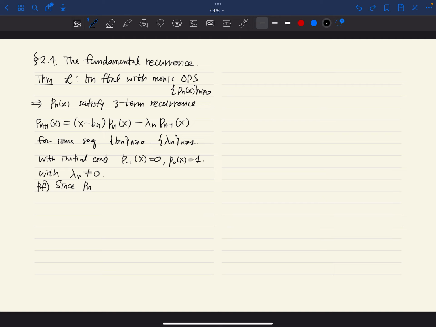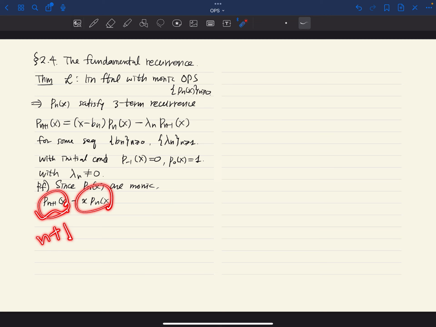Maybe these polynomials are monic. Let's compute P_{n+1}(x) minus x times P_n(x). Of course, it's a polynomial. The degree of each is n plus 1, but their top degrees are exactly the same because the leading term is 1.